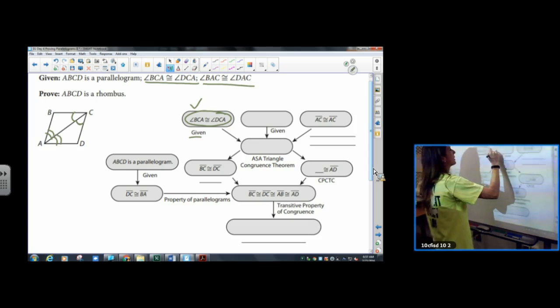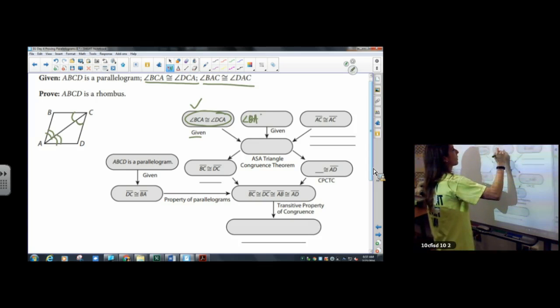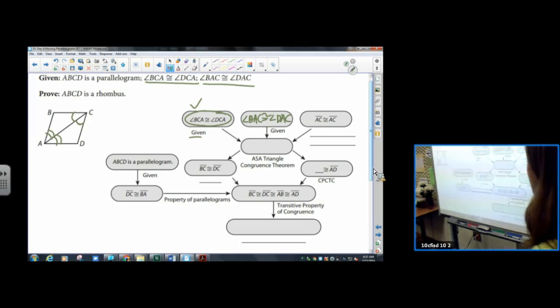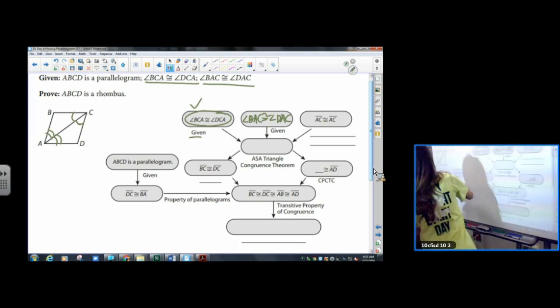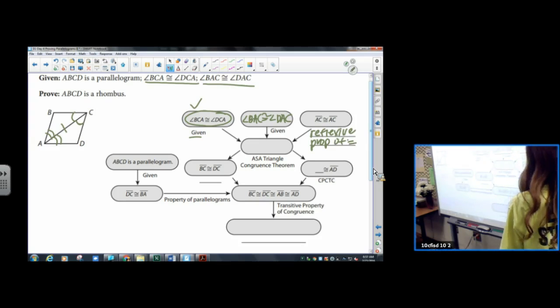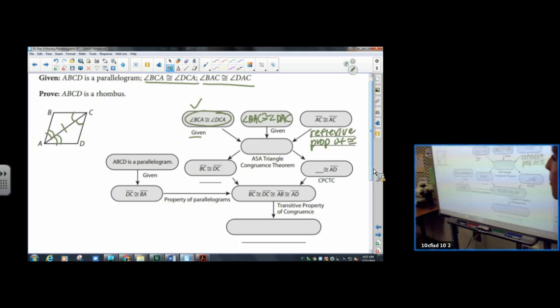So we're going to document it. Good. We also know that AC is, of course, congruent to AC, and we know that that is the reflexive property of congruence. Cool.